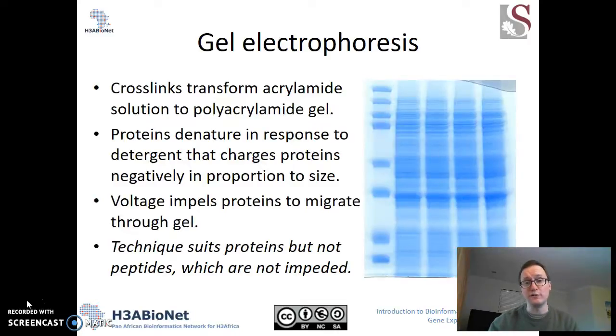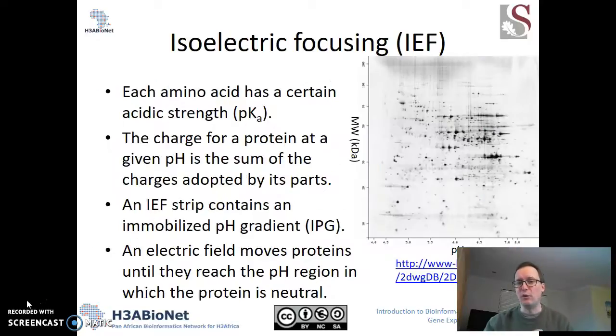Now that's great if you're working with proteins. It's not so good if you're working with peptides, so we have to keep that in mind. We frequently, though, add a second dimension to use two-dimensional gel electrophoresis. So if we are to separate the proteins based on their isoelectric points, that is the pH at which the protein no longer carries a charge, we can separate them on the pH dimension and then push them into the gel.